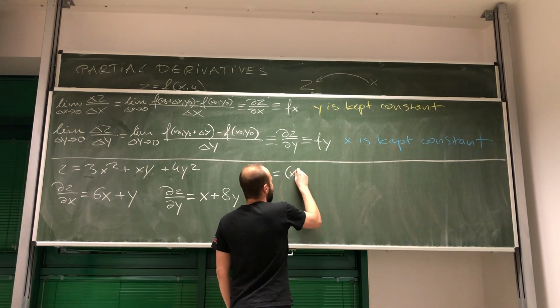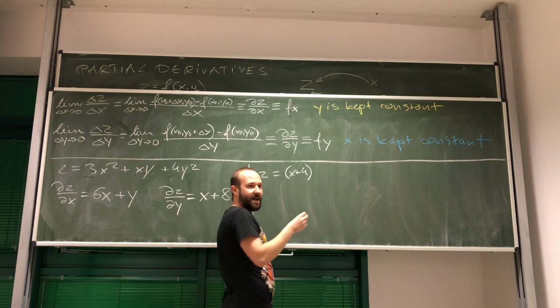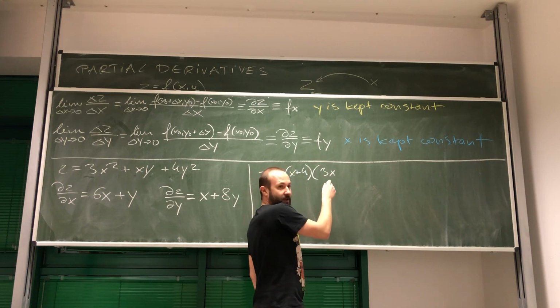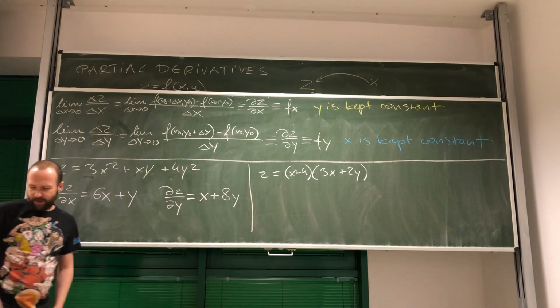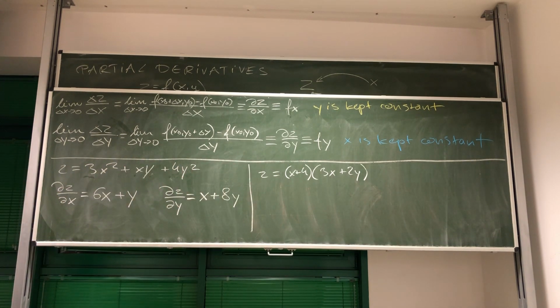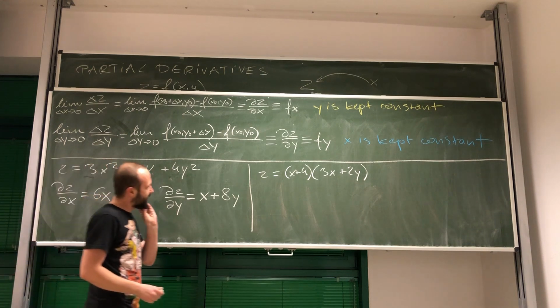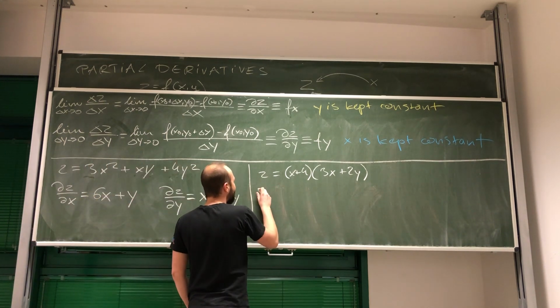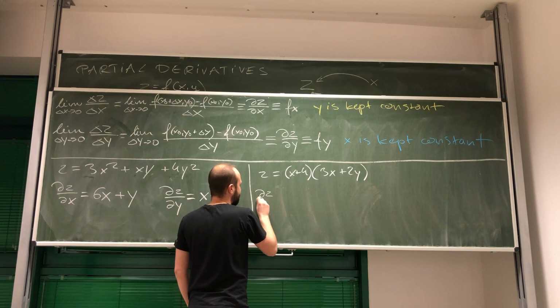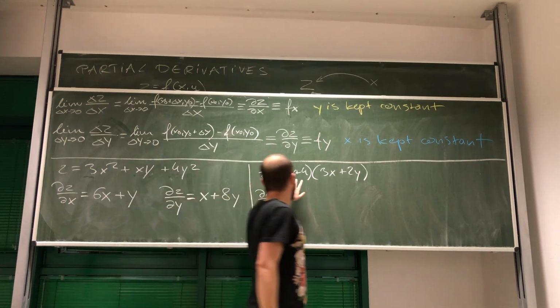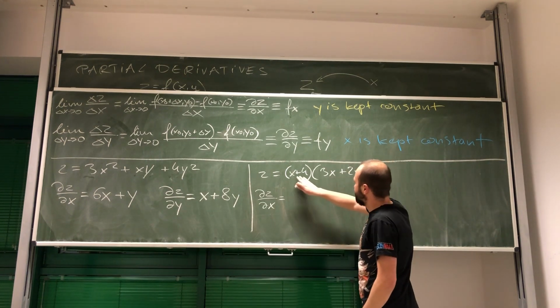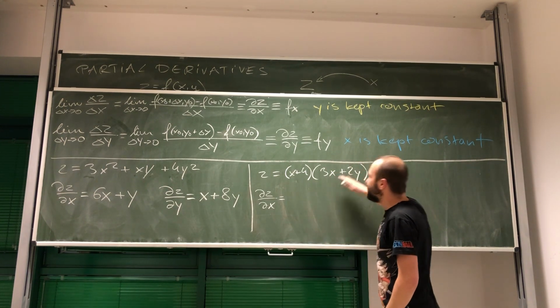So we've got x plus 4 times 3x plus 2y. I'm choosing this example because now let's practice also differentiation using a product rule. If I'm calculating the derivative dz dx, what do I need to do? Of course, I can treat it as two functions, separate, and I need to use product rule.